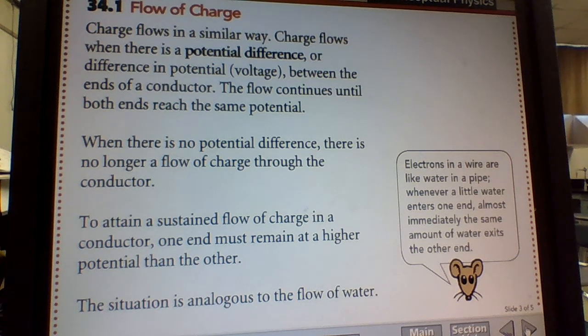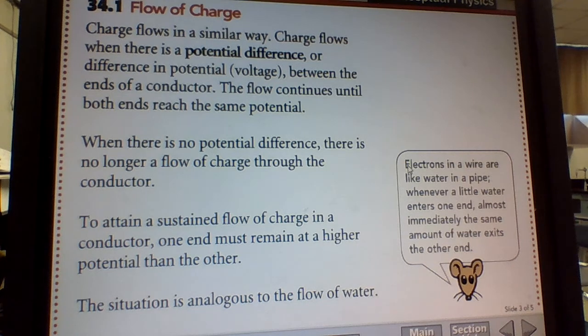If there's no potential difference, just as at thermal equilibrium we see no flow of heat, we're not going to see the flow of charge. To attain a sustained flow of charge, we have to keep that potential difference going. If the potential difference stops, it will stop the flow of electrons.